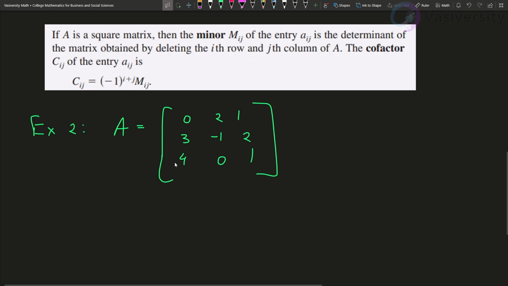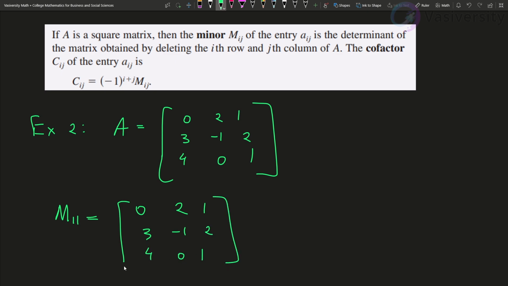The minor M sub 1,1 for this matrix would be the following. We have to delete the first row and the first column. So we're taking away the first row and the first column.